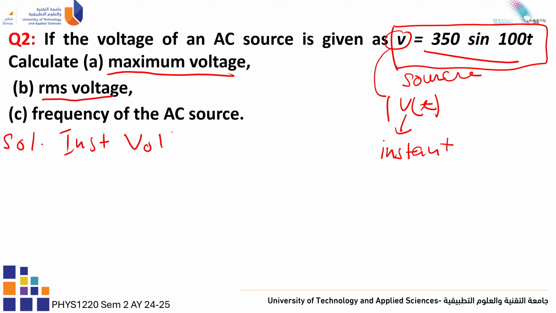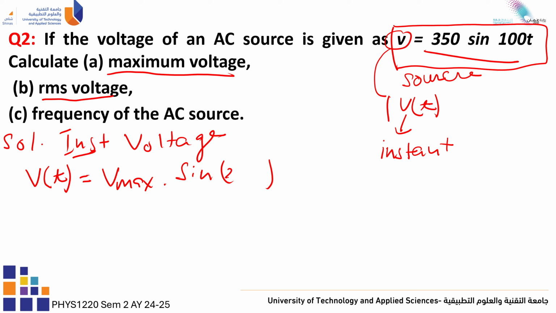This is V, and for the instantaneous voltage I write the time in brackets, because this voltage is a function of time. So V(t) is equal to V maximum times sine of 2 pi f t. Sometimes it is omega t, since 2 pi f can be written as omega. So this form is also there.